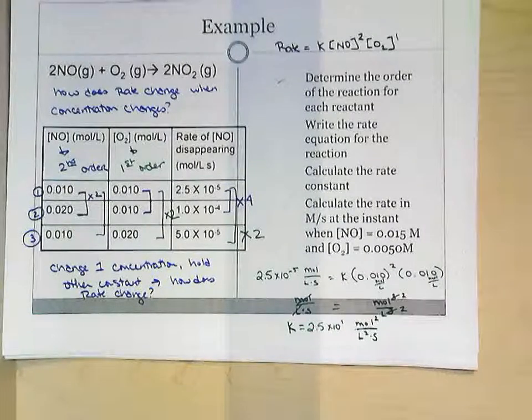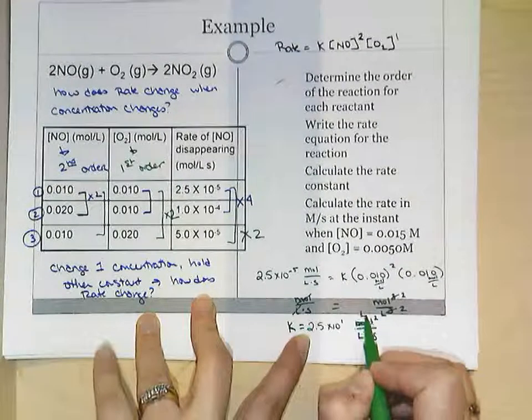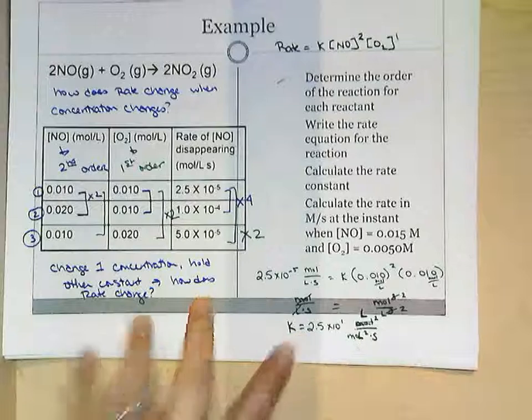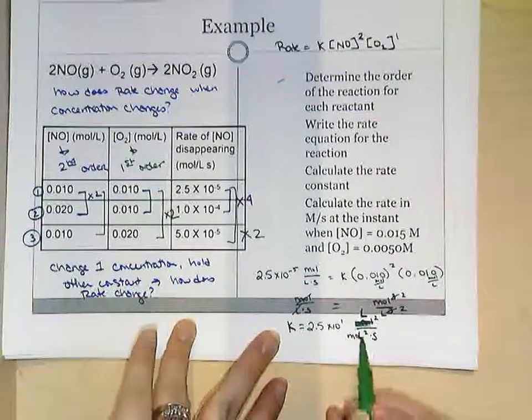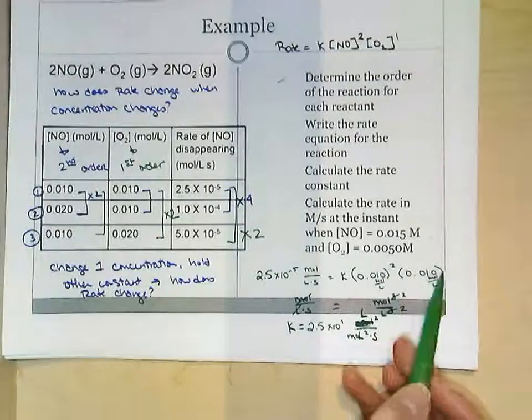Did I have it upside down? I think I have it upside down. That should be liters, and that should be moles. There we go. But yeah, the units will depend on what the order is. So there is no good rule as to the units of K are always something something. They're going to depend on, in this case, what's the overall order for this one?